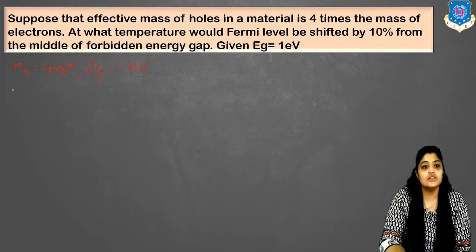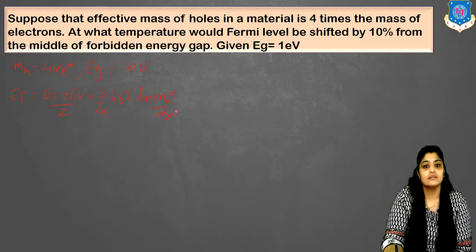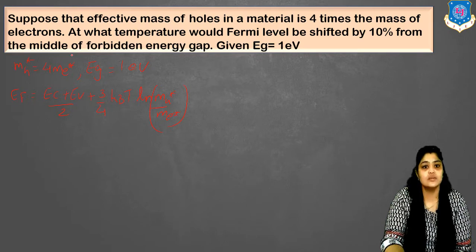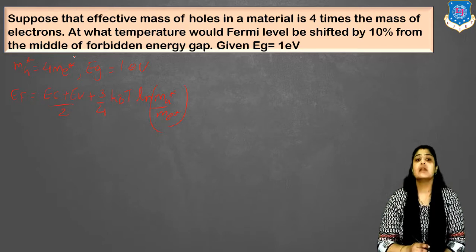Now I know the equation of EF. EF can be written as (EC plus EV) by 2 plus 3 by 4 kBT ln of mh star by me star, where mh star and me star denote the effective mass of hole and electron respectively.